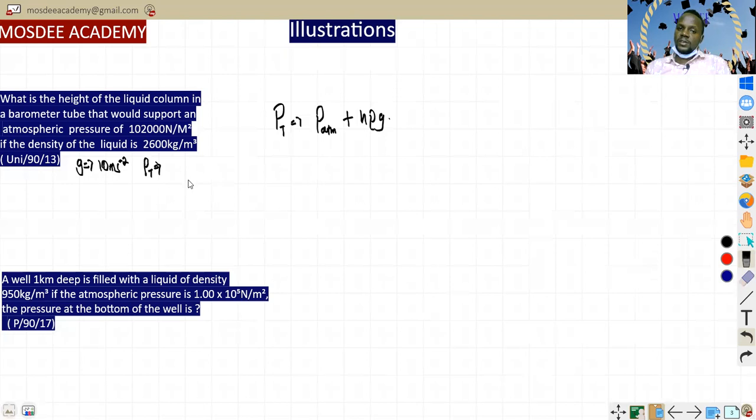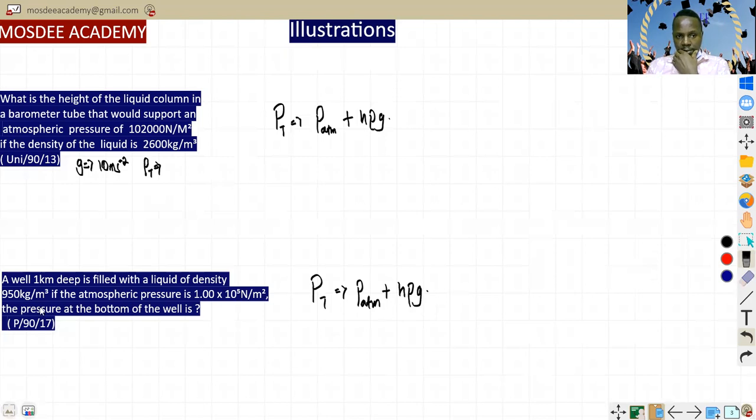So this is what we need to understand, that this is the pressure at the bottom of the container. We've studied that the total pressure is equal to atmospheric pressure plus H rho G.